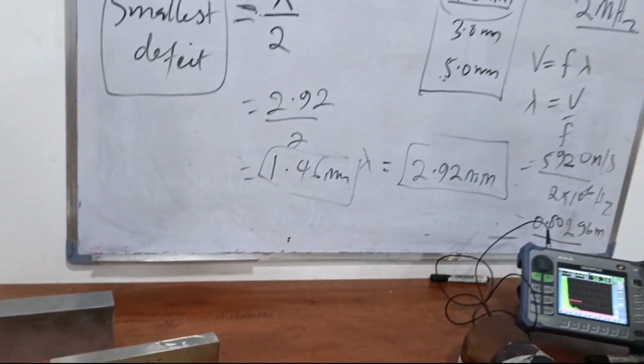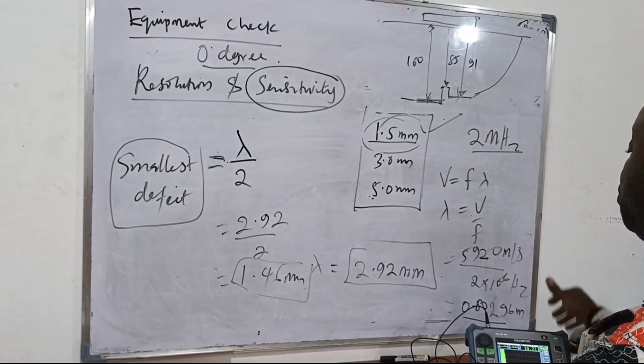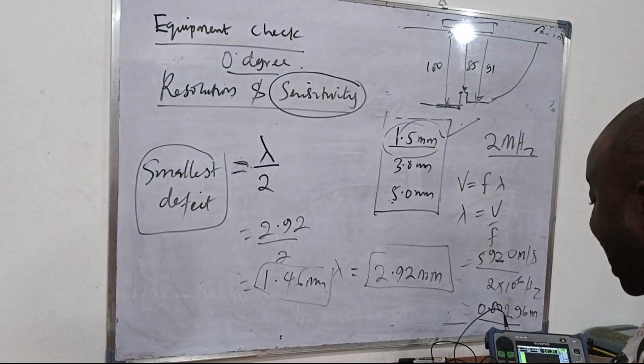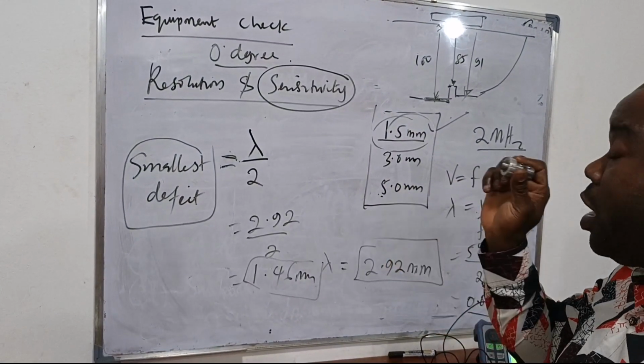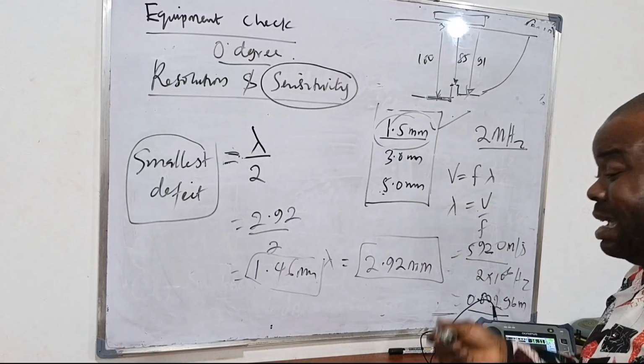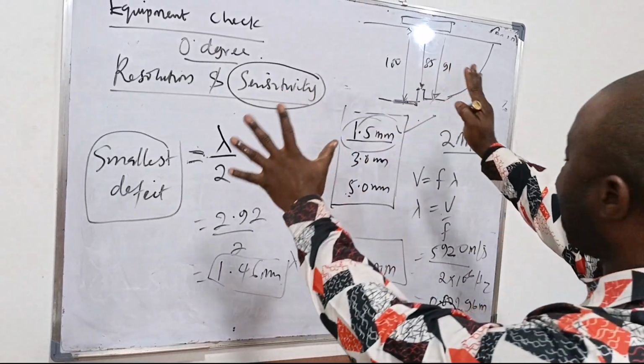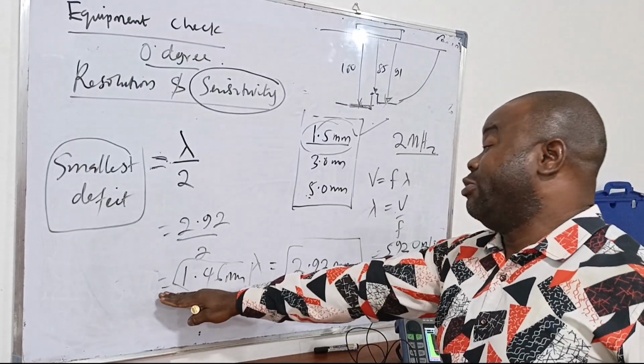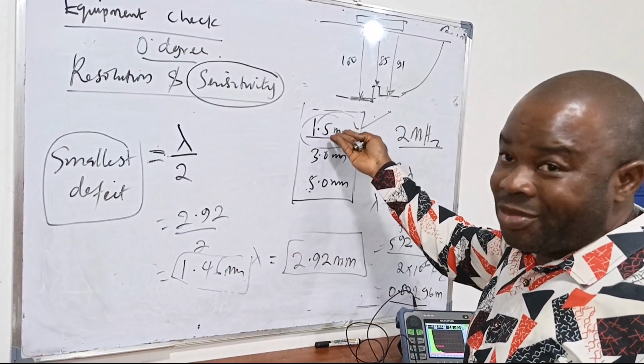But theoretically, you need to do your calculation to be able to determine the smallest size of defect that your probe working in conjunction with your machine can get. Now, you can do this calculation that your probe is able to get 1.46.